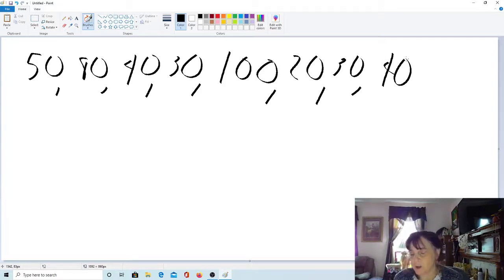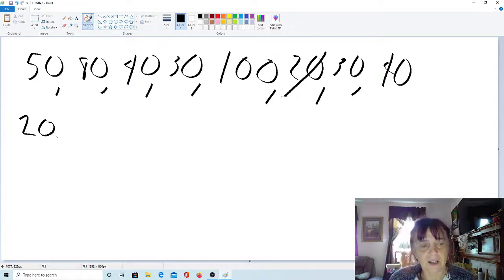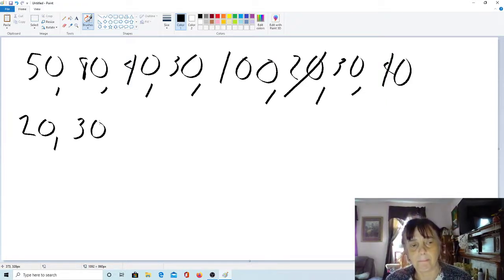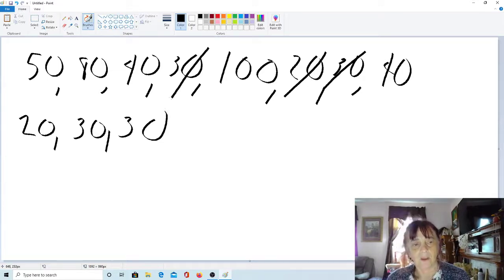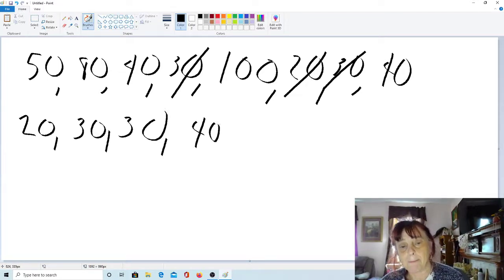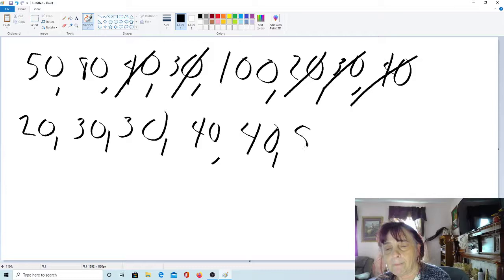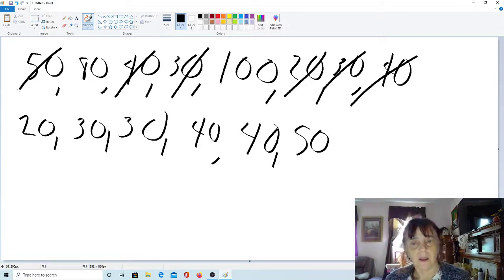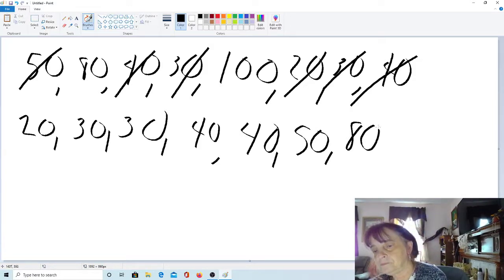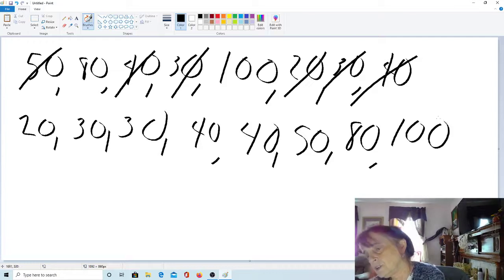Now we put those in numerical order. The smallest number is 20. And then the next highest number is 30. Then we have another 30. Then you have two 40s, and 50, 80, 100.